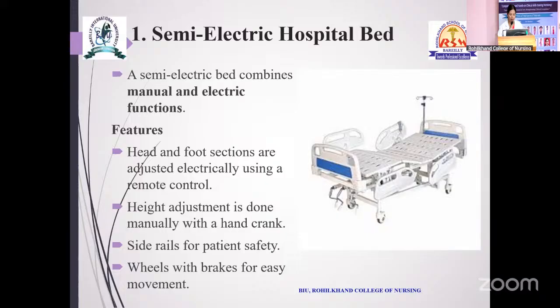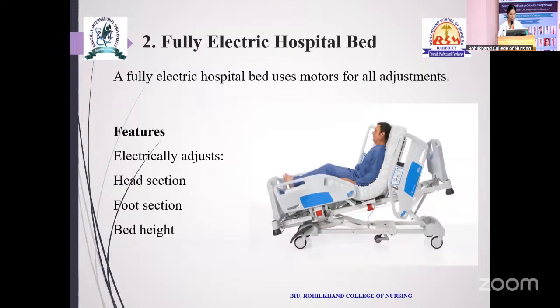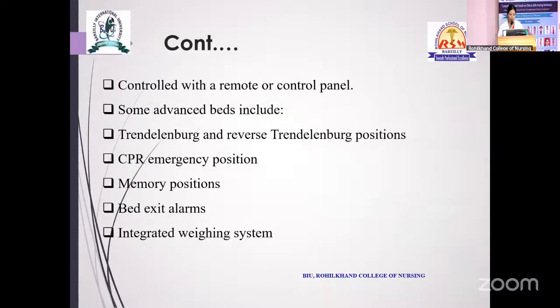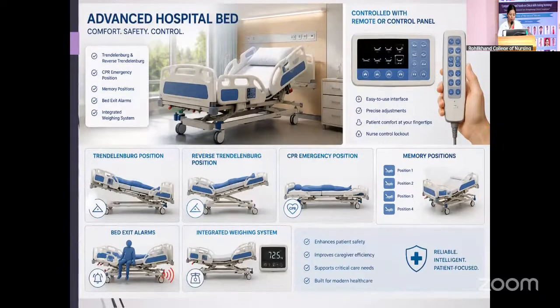These are the semi-electrical bed and the fully electrical bed. A fully electrical bed uses a motor for adjustment, and the head and position are controlled with a remote control panel. Some advancements include a standing bar and cushions. So these are pictures of advanced hospital beds.